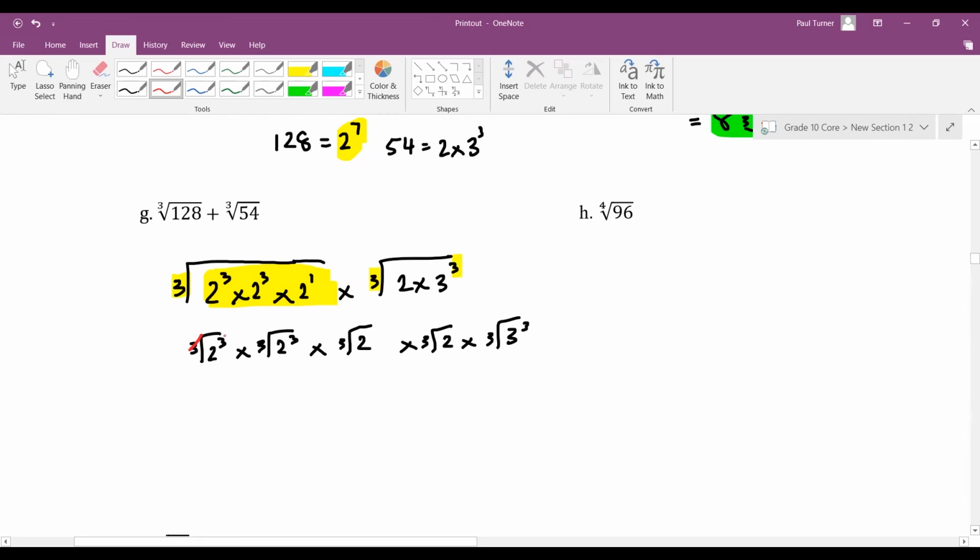So cube root cube, cube root cube, cube root cube. Okay, and cube root 2, that won't simplify. So cube root of 2 cubed, that's 2 times 2 times cube root 2 times cube root 2 times 3.